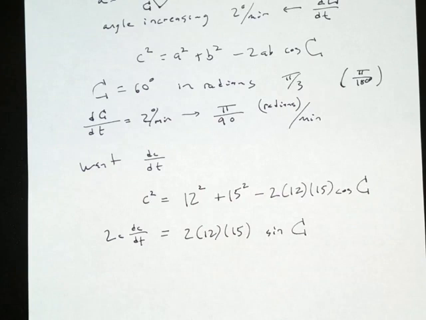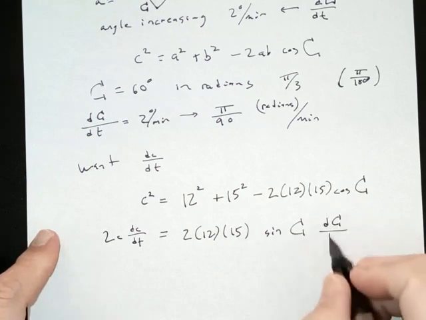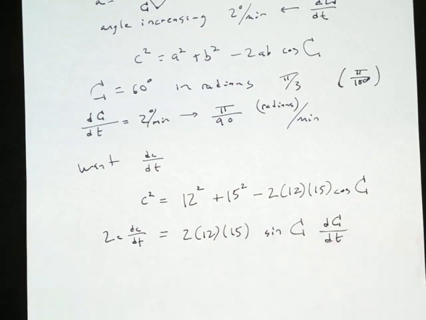But wait, there's more. Chain rule. I need to take the derivative of everything that's changing. C itself is changing. This is my implicit derivative routine. So far, so good?